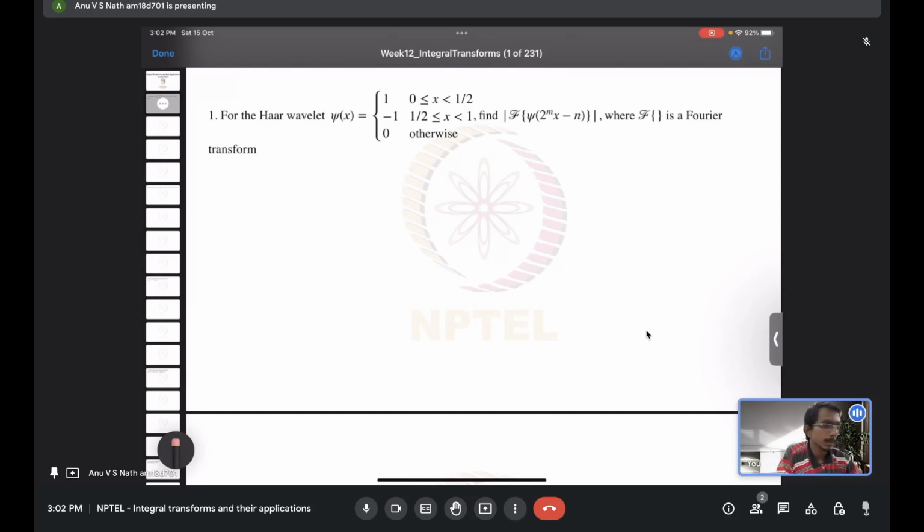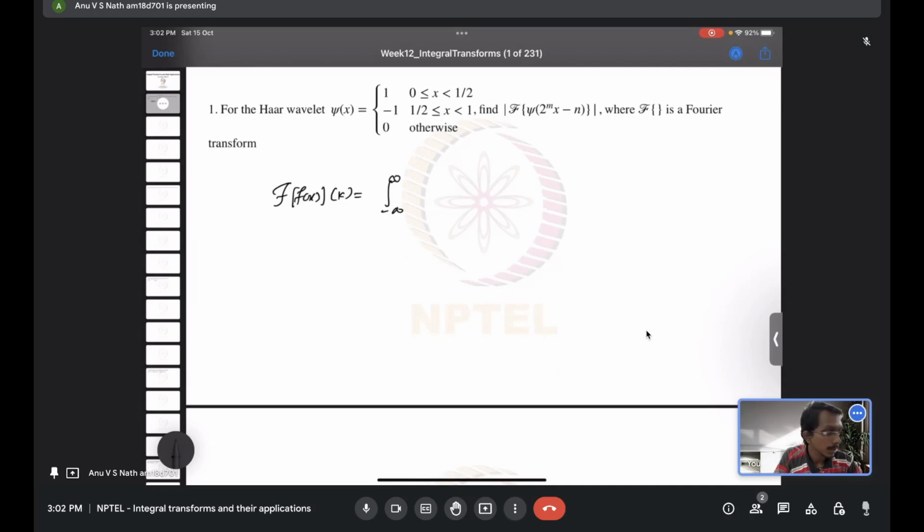Meanwhile, let me remind you what the Fourier transform is. The Fourier transform of a function f of x, at the frequency omega, is given as the integral from minus infinity to plus infinity of e raised to minus i omega x times f of x dx.